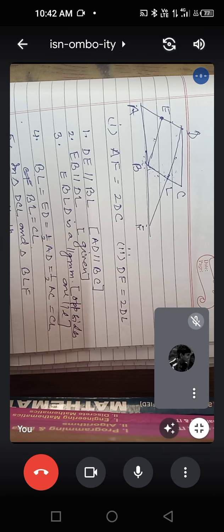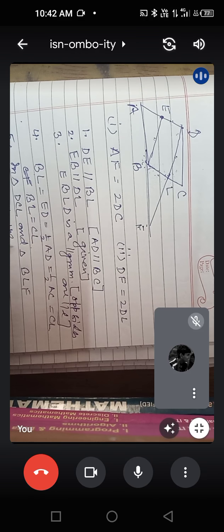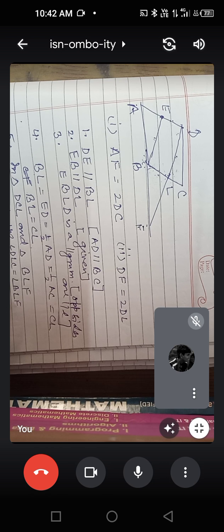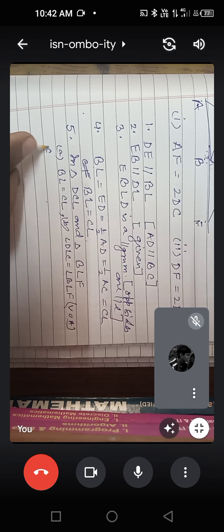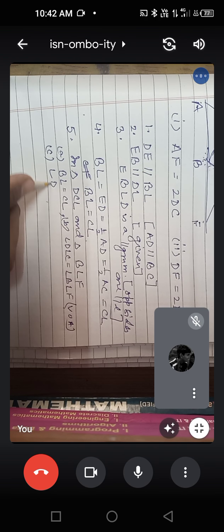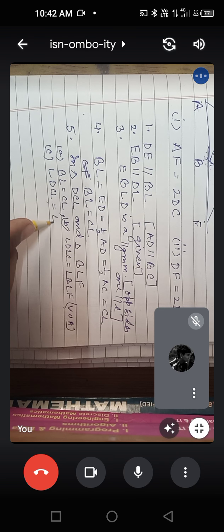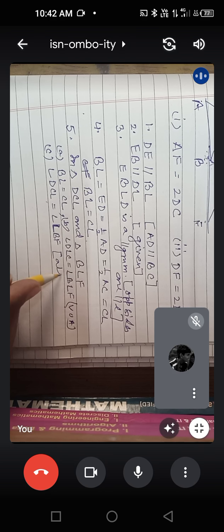Second part, angle DLC is equal to angle BLF, vertically opposite angle. And C part, you see, angle DCL is equal to angle LBF, alternating angles.